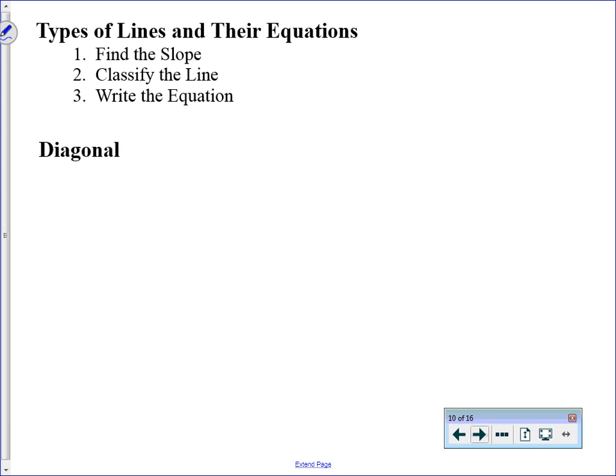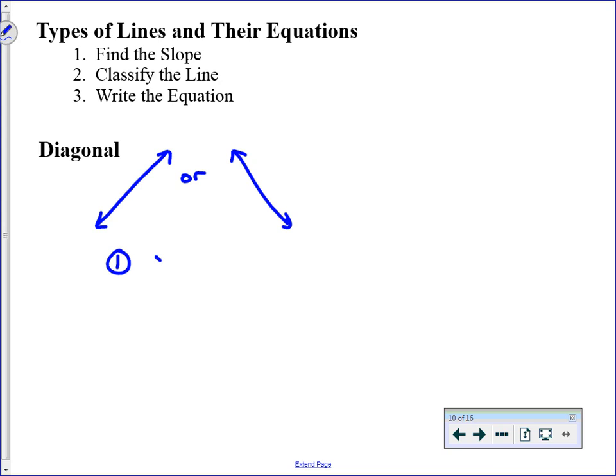So you'll notice that when we're finding equations for lines, the method and how the equation looks is different based on what type of line you have. So a diagonal line is one that either goes up or one that goes down, that has a positive or a negative slope, not horizontal and vertical, so it actually goes at an angle in some way, shape, or form, and there's an equation.